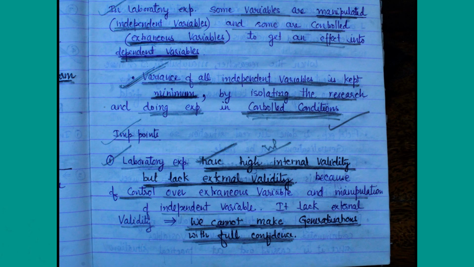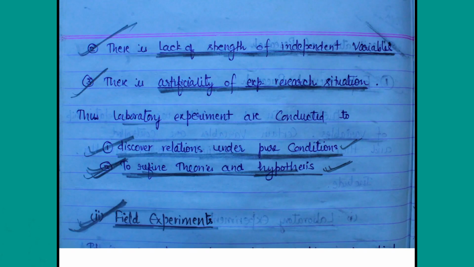So we cannot make good generalization with full confidence on the basis of laboratory experiments, especially in case of agriculture. So there is a lack of strength of independent variable. That's why they say there is a lack of strength, because independent variables you are able to control in the lab, but in the field you are not able to control them.